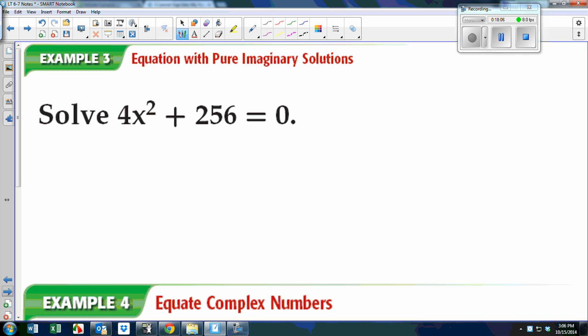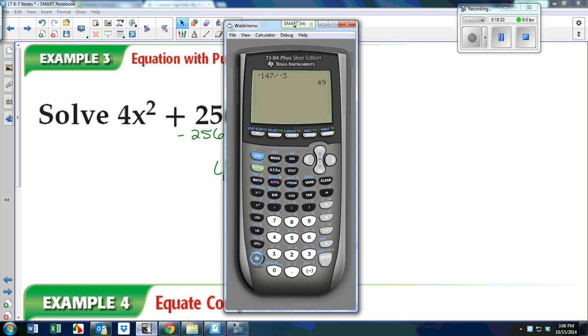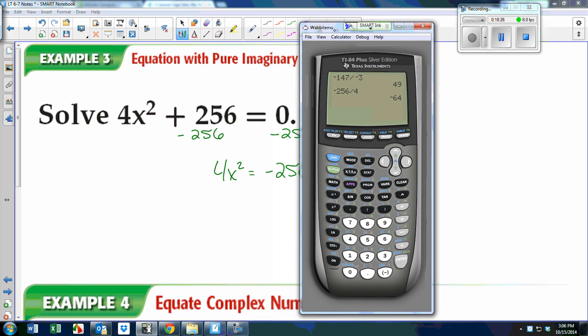Moving on. All right, now we revisit the Bell work problem where we use the square root property. So this time, when we subtract 256 to solve this, we get 4x squared equals -256, and then we divide by 4, so -256 divided by 4 is -64.